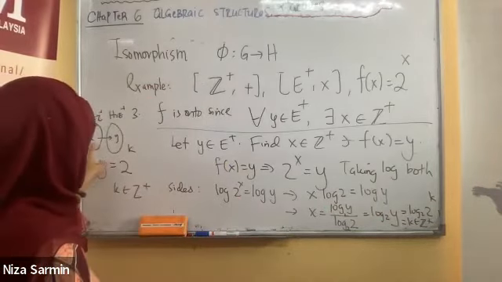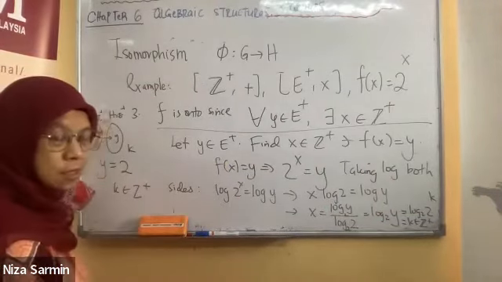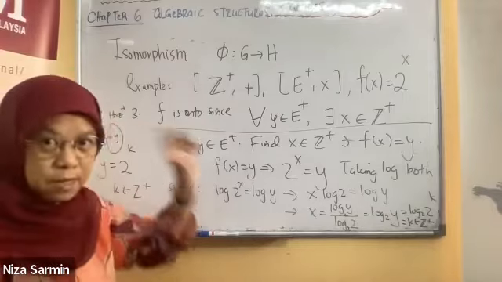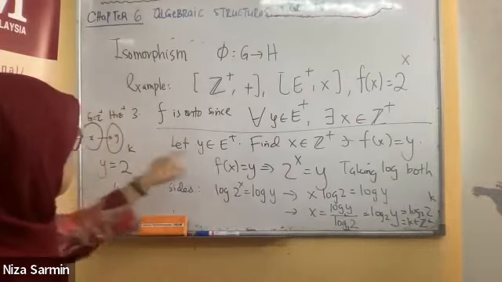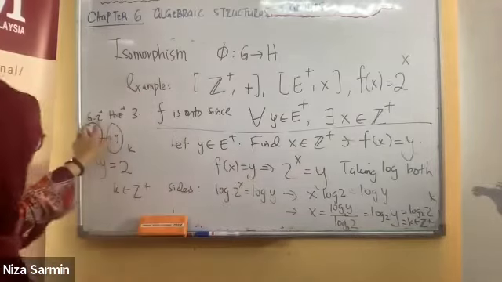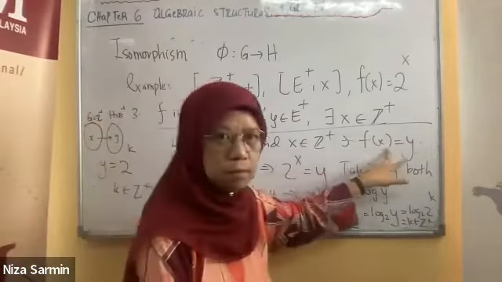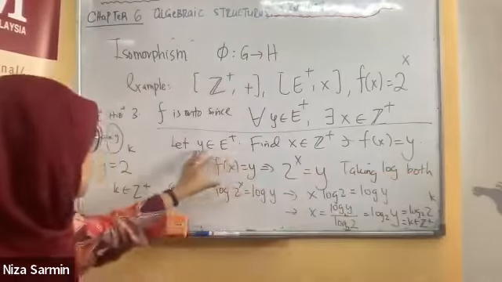And this x has to be inside here. It has to be a part of Z plus. So you take y in E plus, find x in Z plus, which is mapped to y. So I just use that.